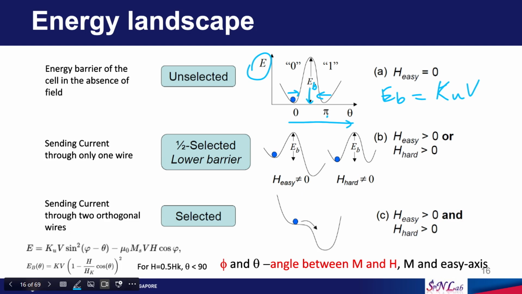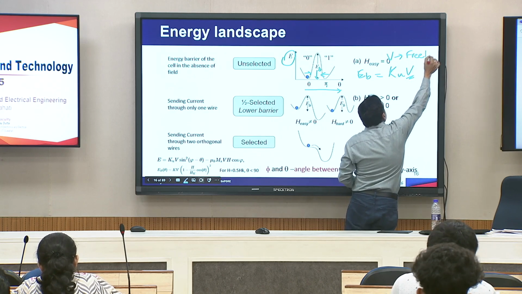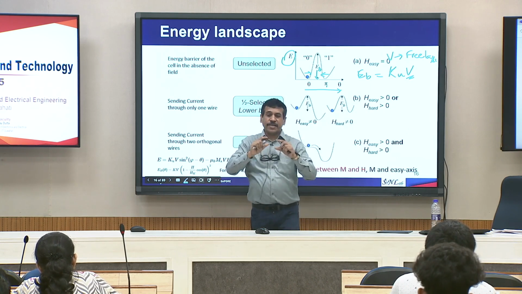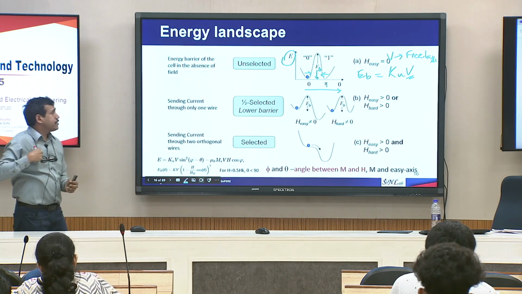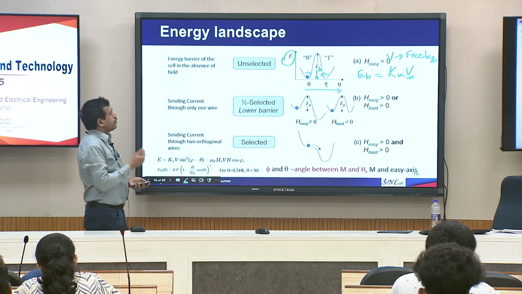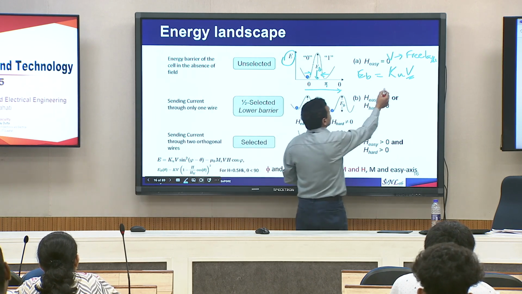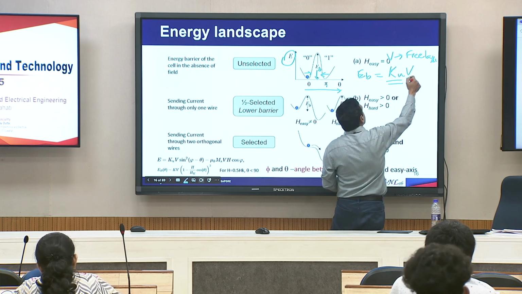Here, volume is actually the volume of the free layer. The free layer and the reference layer are separate magnetic entities, so here we are talking about the volume of the free layer. The free layer material has a certain anisotropy constant, and you multiply by the volume of the free layer.